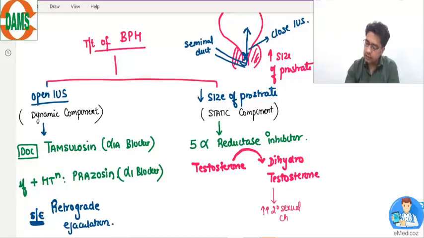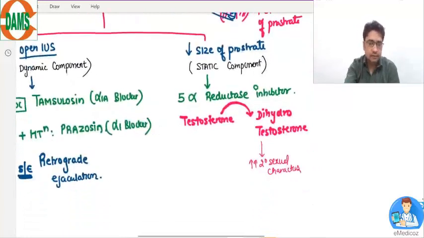What are those secondary sexual characters?